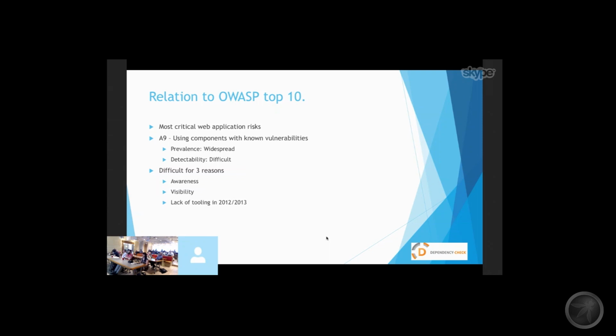Why is there a difficulty in finding known components with vulnerabilities? Because we as developers or security testers are now finding bugs in the libraries and in the code base itself, and it's a kind of combined package. And in the earlier years, these volunteers thought this tool was important because of visibility.